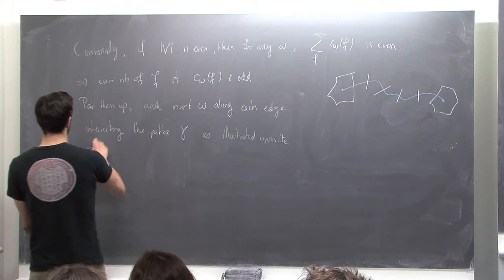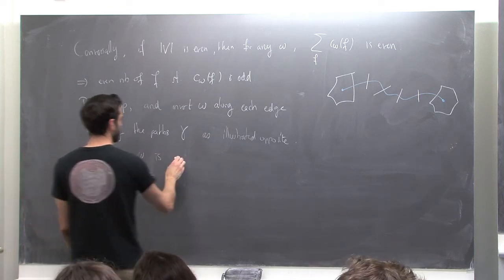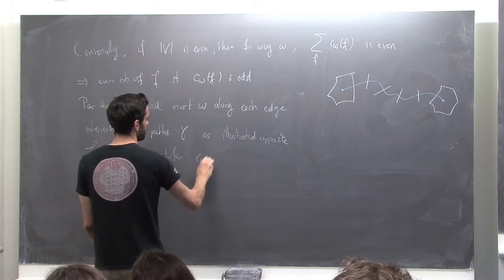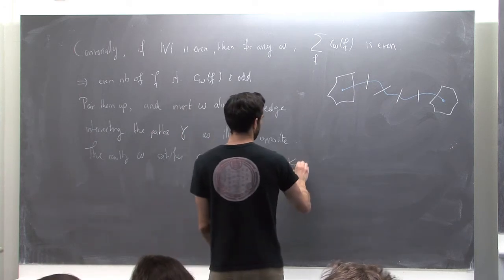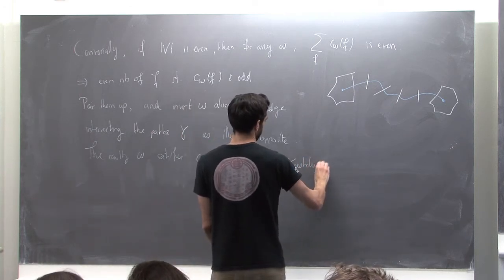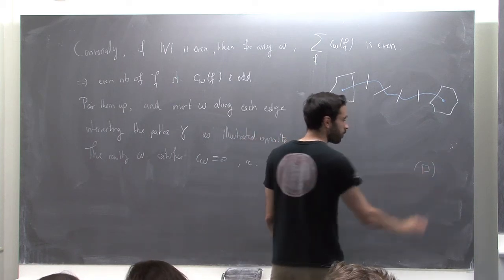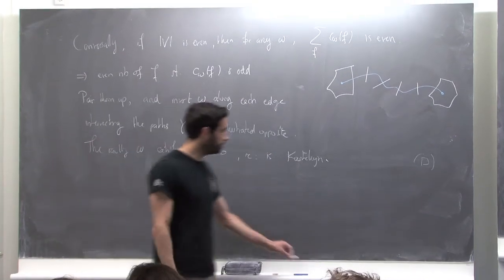The resulting omega satisfies C omega equals 0, i.e. is Castellan. And this is not the end of the proof of the proposition, but it's the end of the proof of the first part.